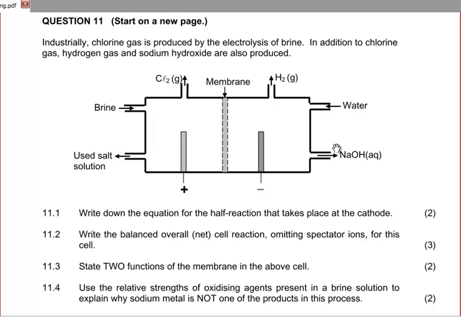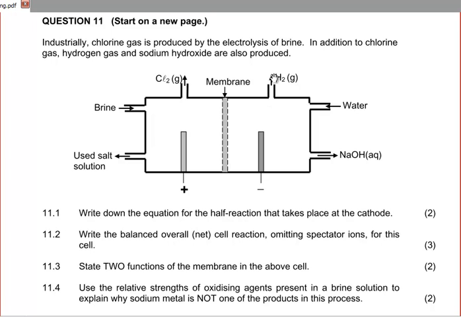Right? So now the first question says, write down the equation for the half reaction that takes place at the cathode. This side is the cathode. As you can see, the water is entering in, which means our water is our reactant, and then we are going to produce some hydroxyl ions.